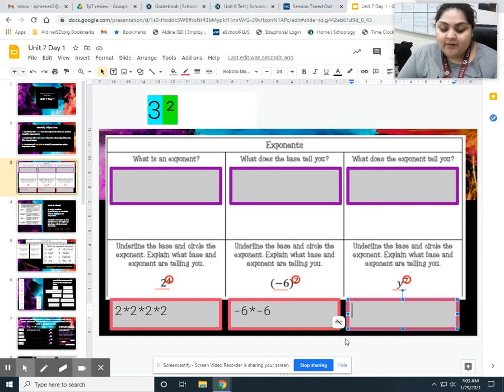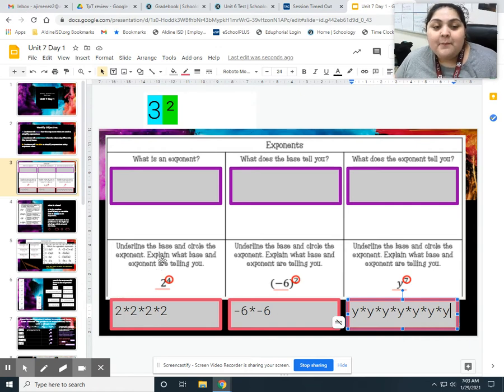And here, y times y times y times y times y. What does that mean? Okay, what does this mean? I showed you what it's supposed to show, but I need you to be able to explain to me what is happening. What is it telling you?